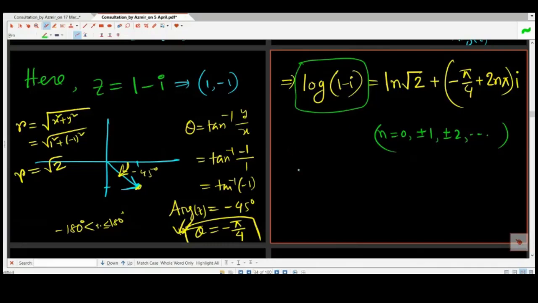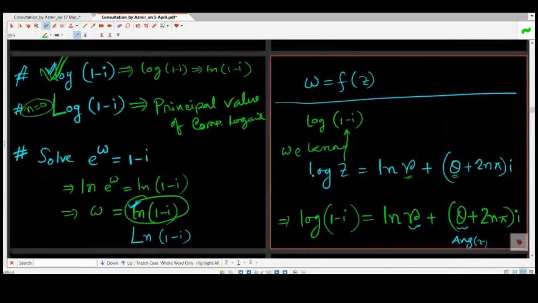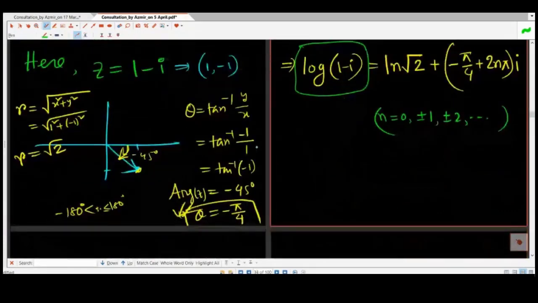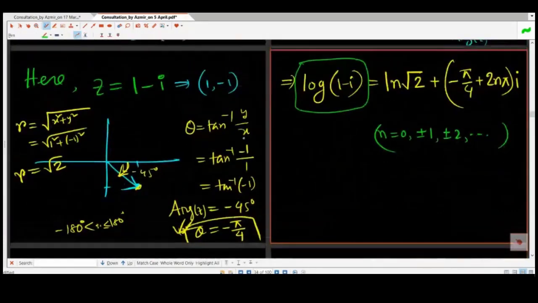For n equals 0, there will be a result. For n equals 1, we will get another result like this.